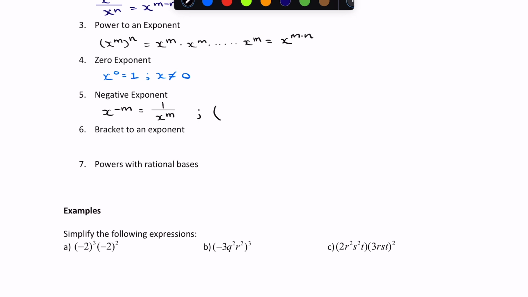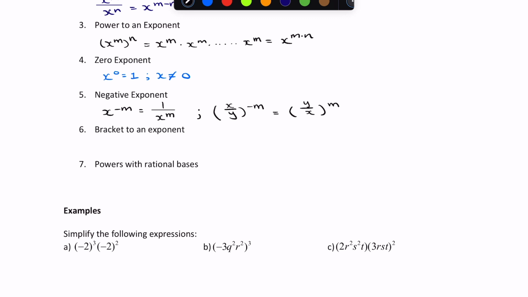As well, if we have a fraction of x over y to the power of negative m, we can flip the fraction and make it a positive exponent. So if we flip the fraction, changing the numerator and denominator, here we have y over x to the power of m. So we're flipping the fraction and making it into a positive exponent.